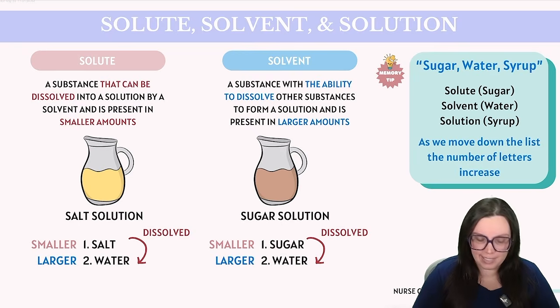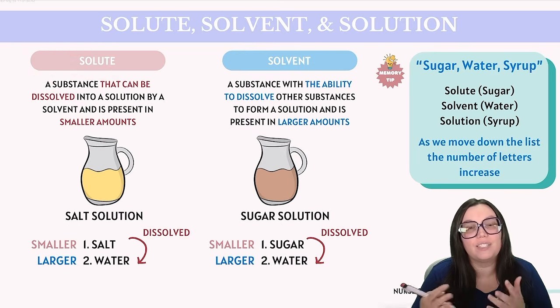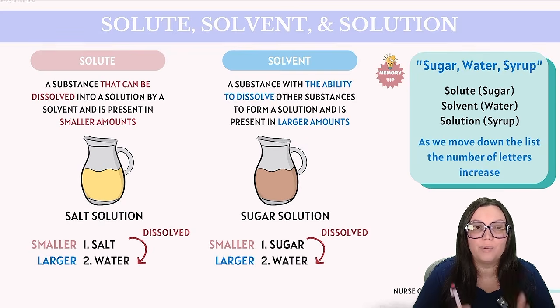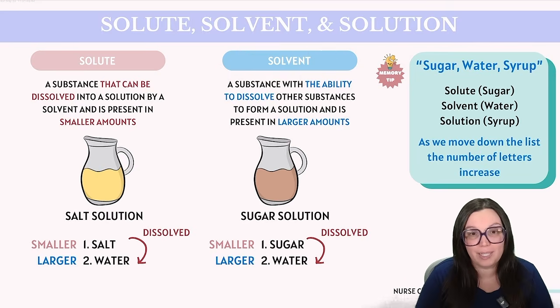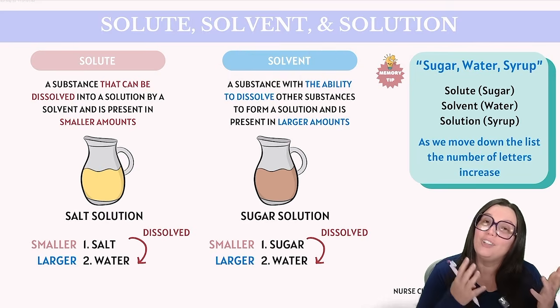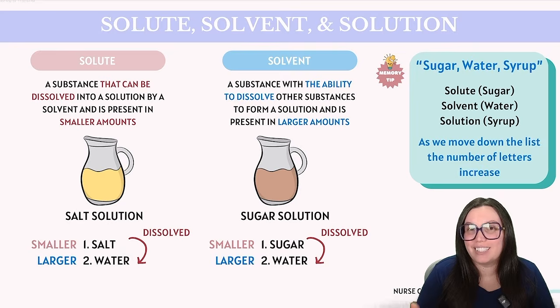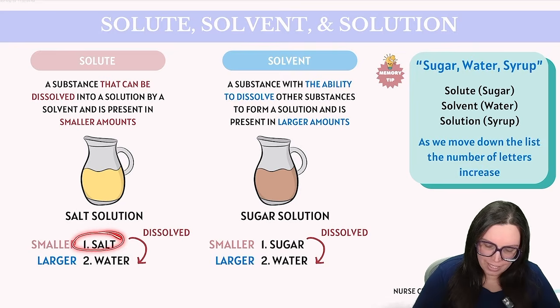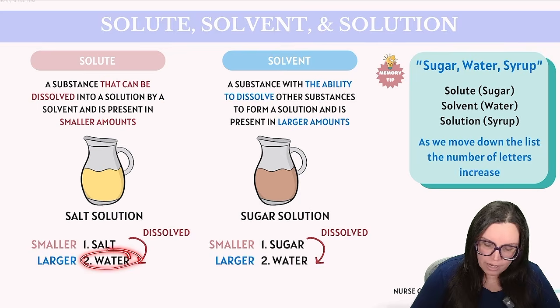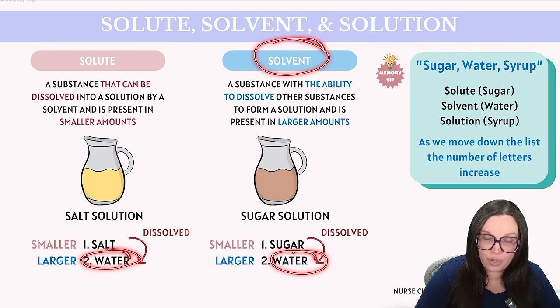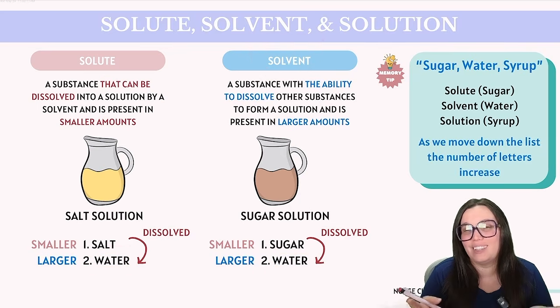Therefore, we define a solute as a component of a solution that can be dissolved and is present in smaller amounts. Conversely, a solvent is defined by its ability to dissolve substances and is present in larger amounts. So this makes sense in our example, right? We have both salt and sugar, which are smaller amounts, making them our solutes, and water in both cases is going to be our solvent because it's going to be present in larger amounts.